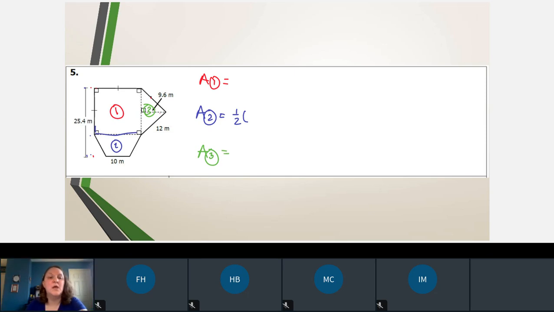It does. Looking at the triangle, I'm going to redraw it up here as best I can. I know that the height of that triangle is 9.6, and I know that the side here is 12. So we're going to use the Pythagorean theorem to find this side right here. See the right triangle? We'll call it x. Hypotenuse squared equals leg squared plus leg squared.